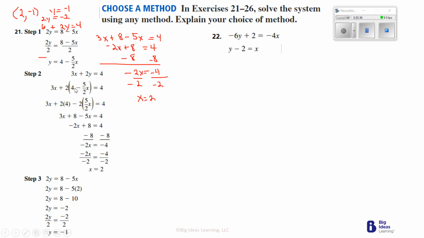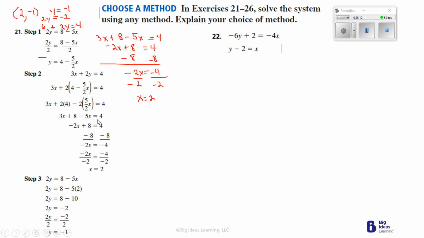Now they're going to take 2 times 4, that gives them 8, and negative 2 times 5 over 2x would have given them negative 5x. So now we're going to take my negative 3x and combine it with my negative 5x to give us negative 2x.